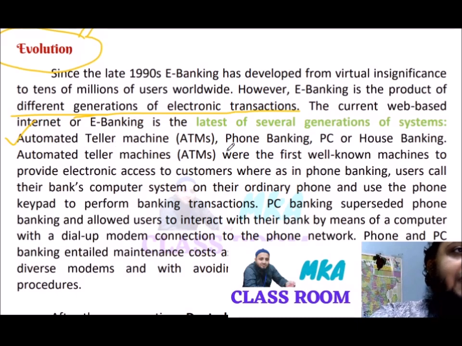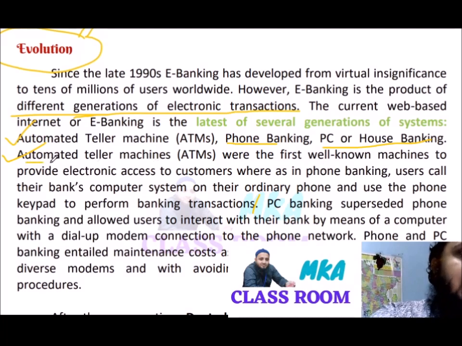First came ATM, automated teller machine, phone banking, and PC or home banking. Automated teller machines were the first well-known machines to provide electronic access to customers, whereas in phone banking, users call their bank's computer systems on an ordinary phone and use the phone keypad to perform banking transactions.